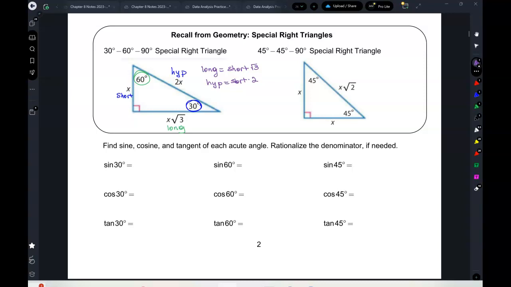Or they're in a relationship of x, x√3, 2x. If you remember this, you'll always be able to solve these. Now, the 45, 45, 90 has two congruent angles. That means it has two congruent sides. So the hypotenuse is always any of the legs times √2.